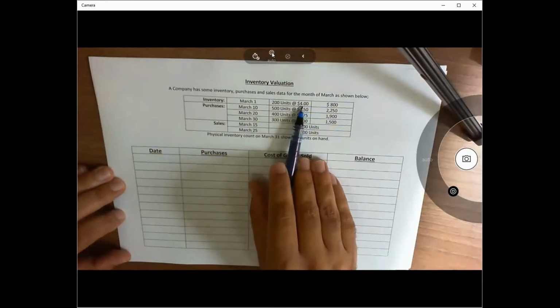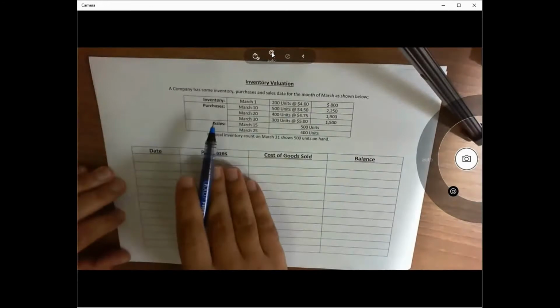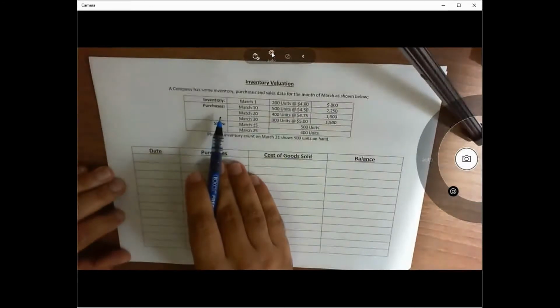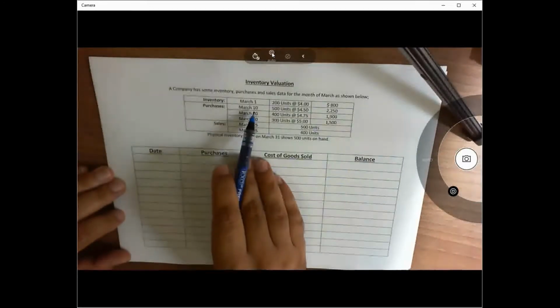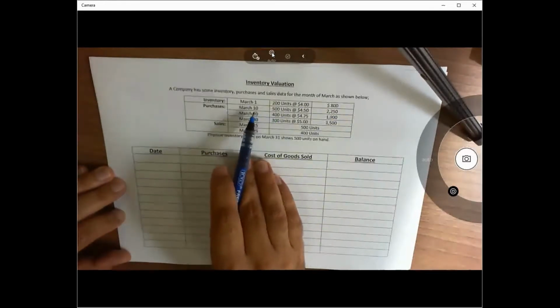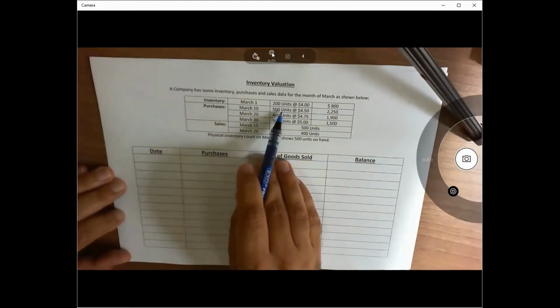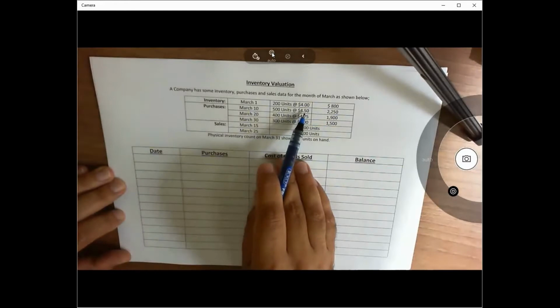So the total amount we spent on this inventory is 4 times 200, which is $800. Then on 10th of March, we purchased 500 units. Because you can see the date is changing, when we are purchasing new units, we are purchasing them at a higher price.